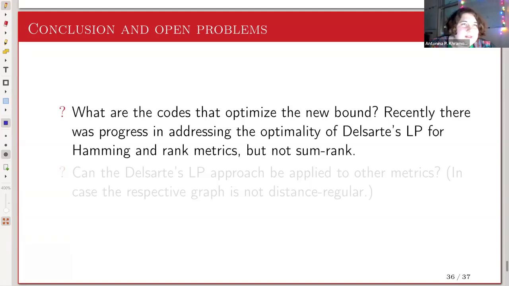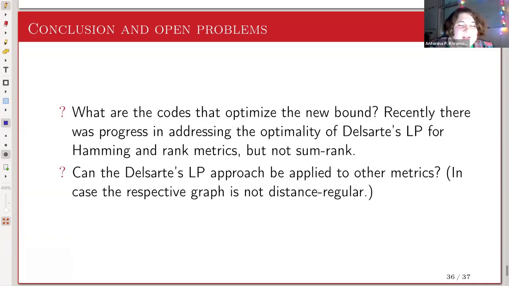And this has not been addressed in sum-rank metric, mostly because people don't really know how to construct optimal codes for Delsarte LP in general. So there is some progress for Hamming and rank metric, and maybe it can be transferred into the general case of sum-rank, but it's not clear how to do it now.